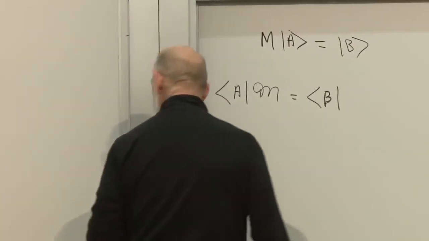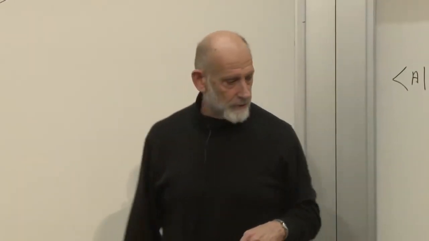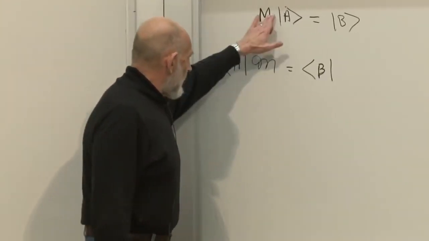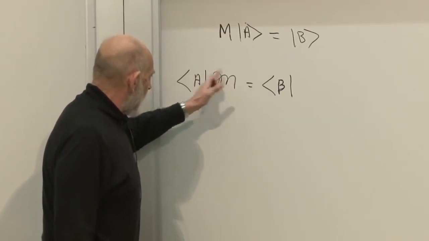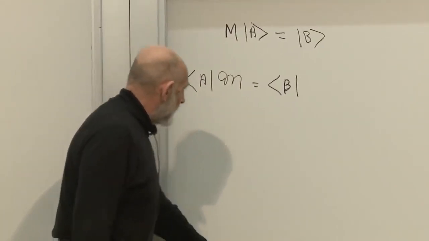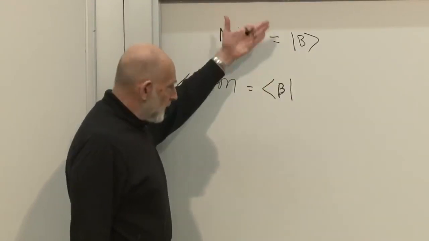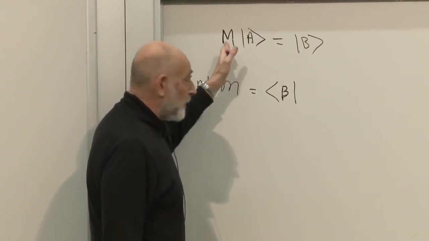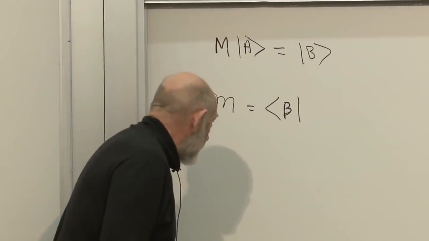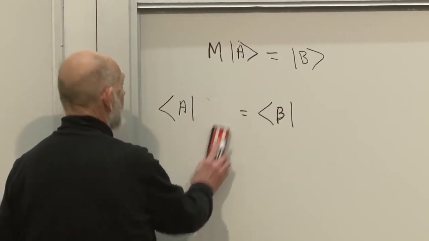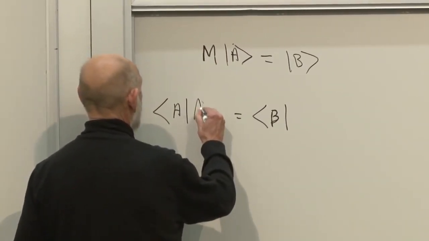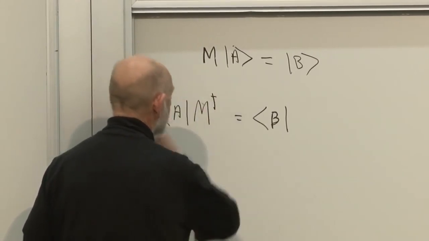All right, the notation that is standard is to say that the operator which, when acting to the left, is the reflection, if you like, the dual of the operator M acting to the right, is not called M, it is called M dagger.